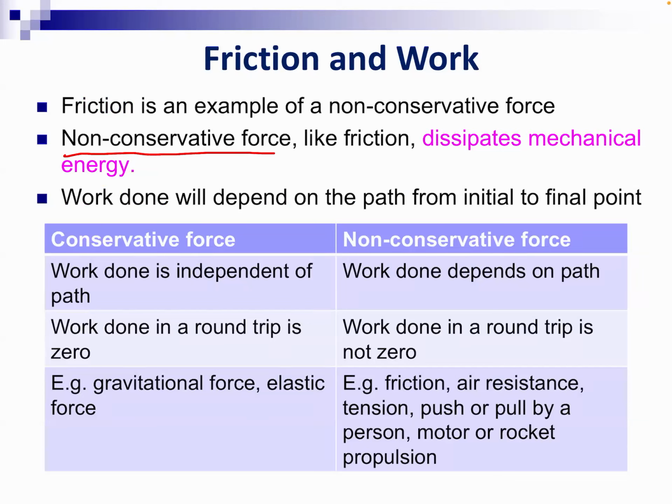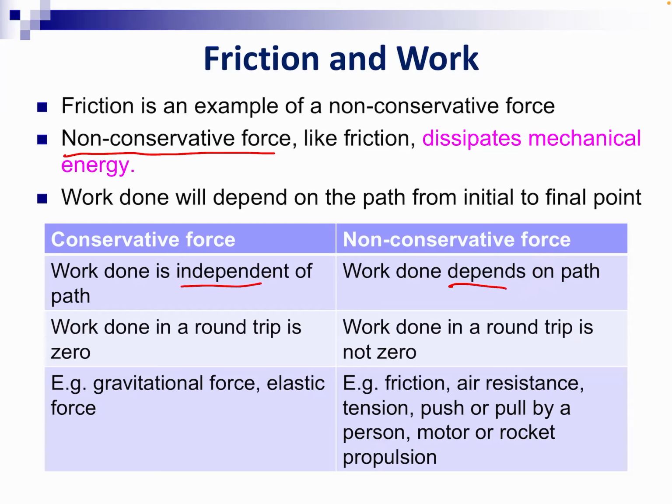A non-conservative force will dissipate mechanical energy and convert it into something else. This table summarizes the difference between a conservative force like gravitational force or elastic force, and frictional force. The main difference is that the work done depends on the path for a non-conservative force, whereas for a conservative force, it's independent of the path.